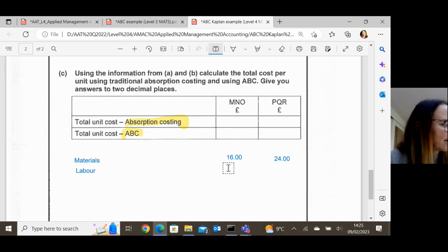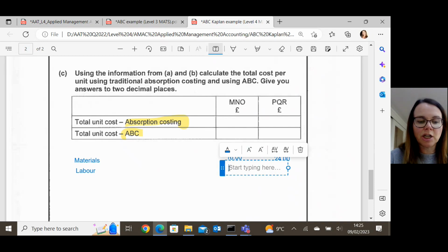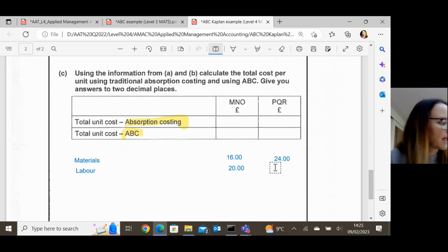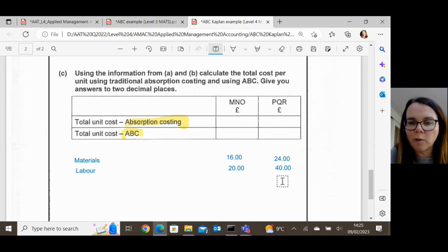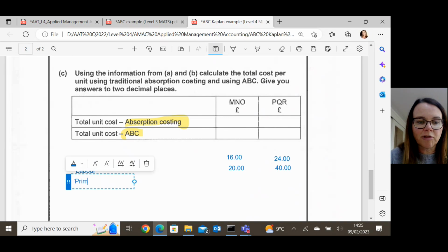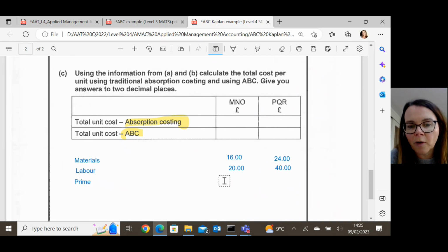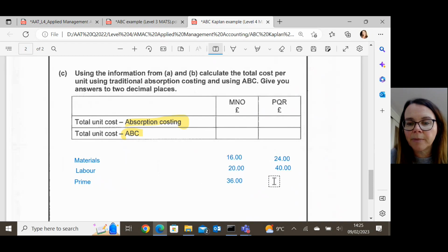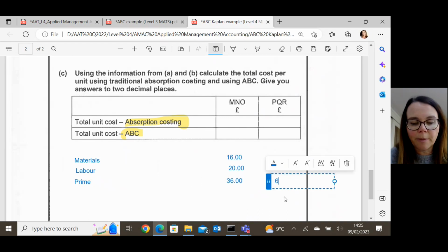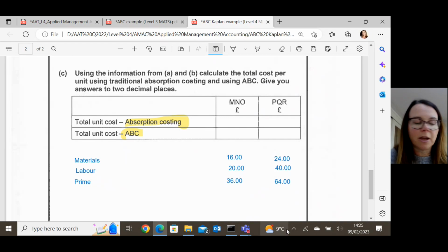Again, it doesn't make any difference how you absorb your overhead. So this is £20 for the MNO, £40 for the PQR. So we have got a prime cost of £36 for the MNO and £64 for the PQR.